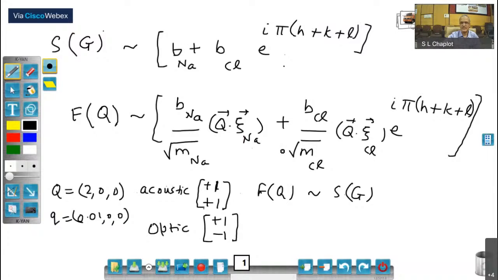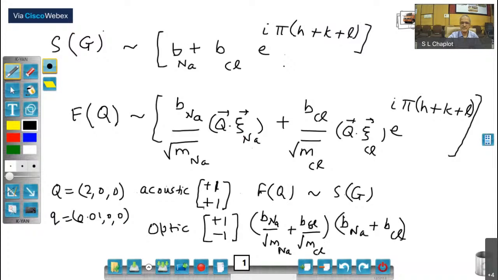So for 200 in particular, the S of G will be B sodium plus B chlorine, and here it will be B sodium divided by square root of mass of sodium plus B chlorine divided by square root of mass of chlorine.